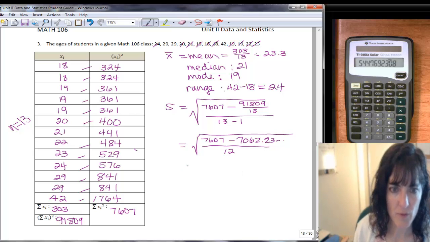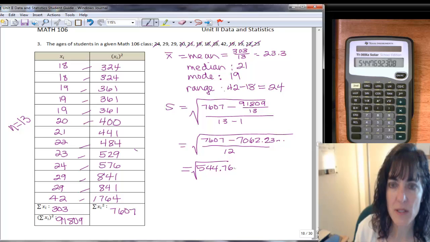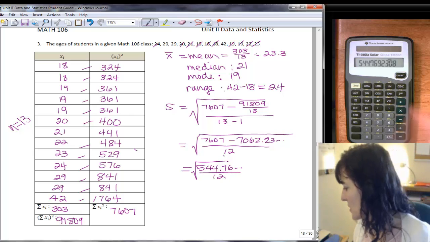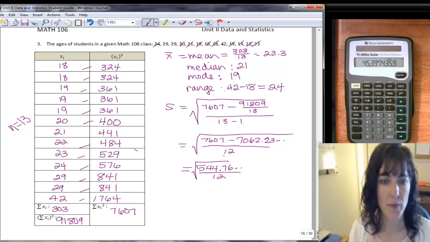I have 544 approximately. 544.76, and it goes on, divided by 12. So divide by 12 is my next step, equals.